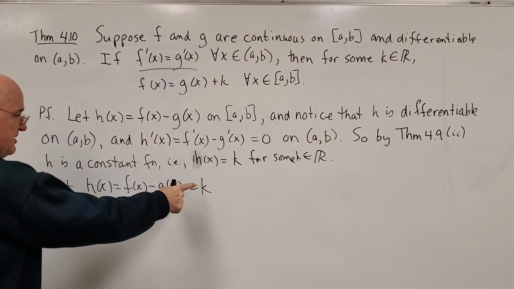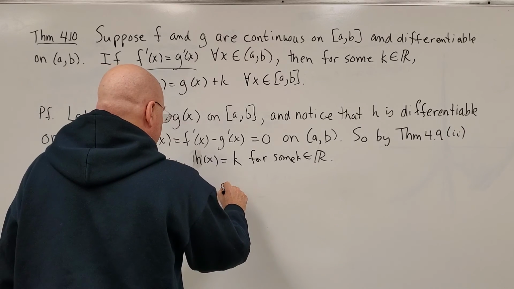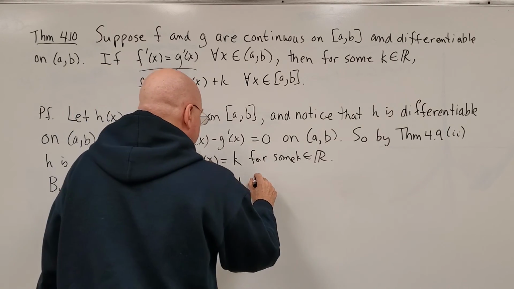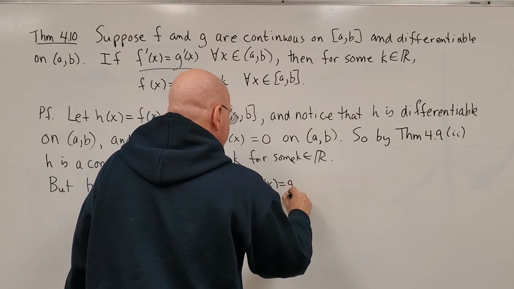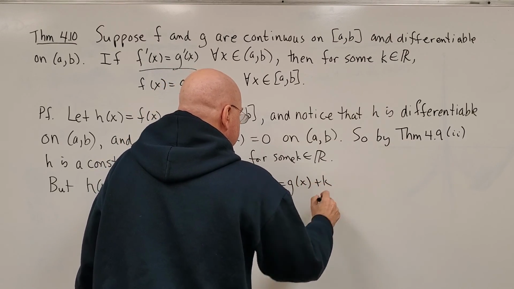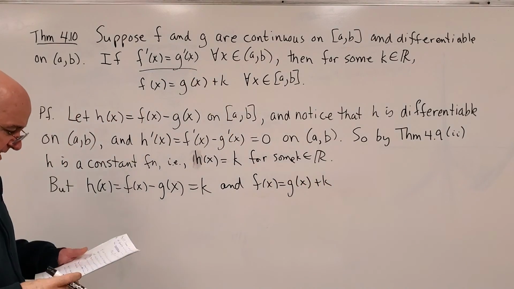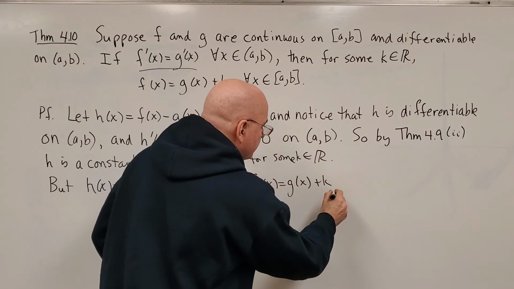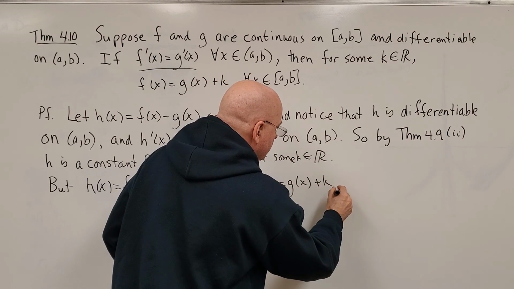And therefore, if we add g of x to both sides, we get what we're looking for. f of x is g of x plus k. And that would be on the entire interval. Simple proof.